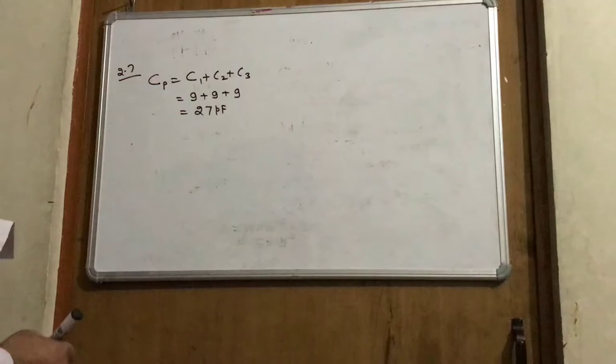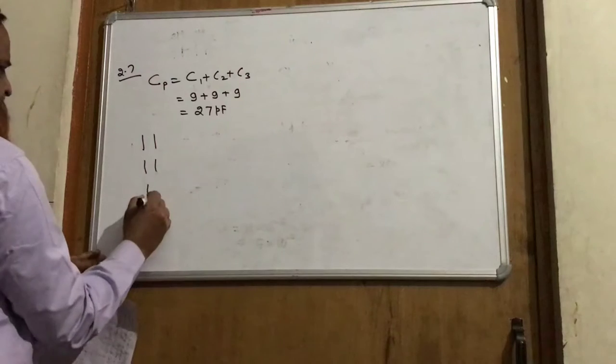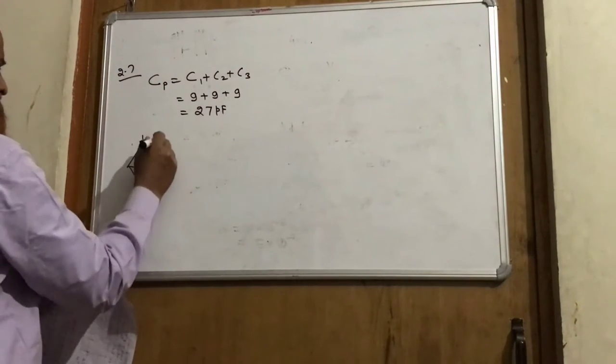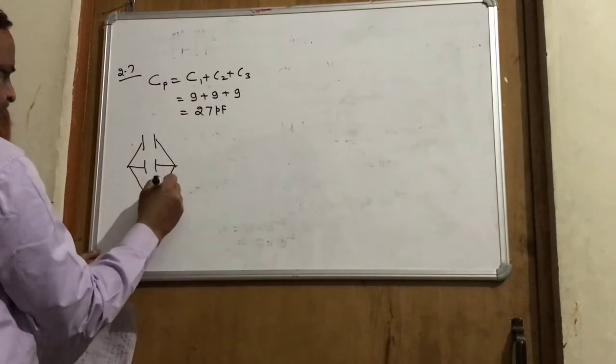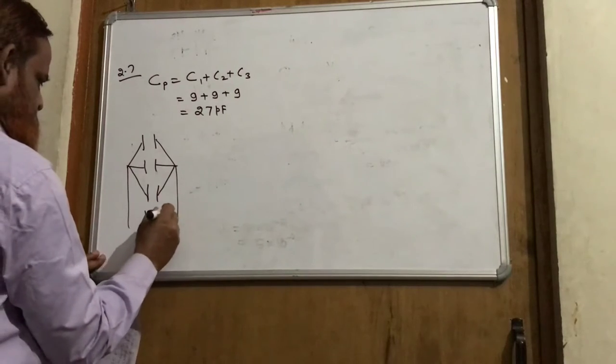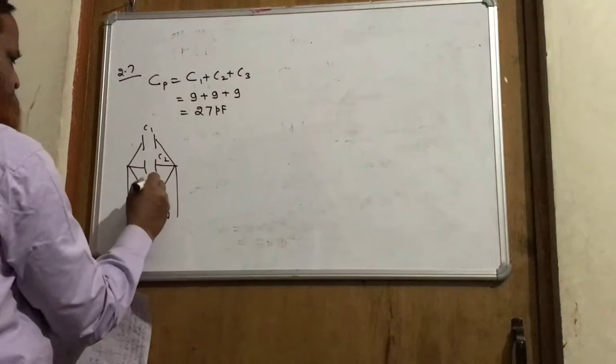What is the potential difference across each capacitor of the combination? Determine the charge on each capacitor if the combination is connected to a 100 volt supply. So in this way we will connect. Now it is 100 volt. C1, C2, C3.